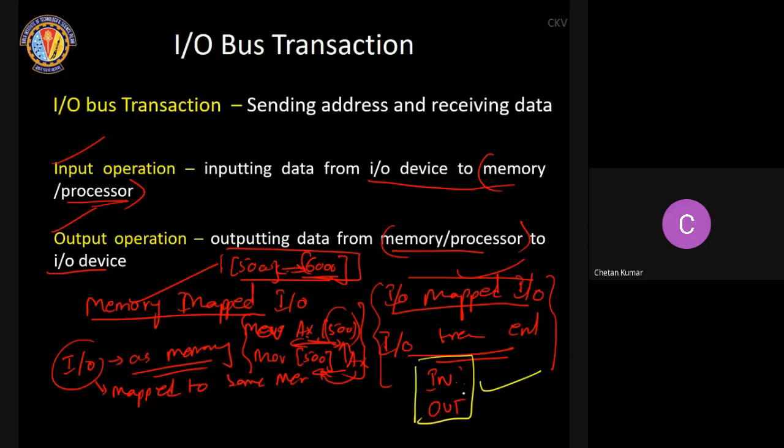If you have done at least embedded system design, this is how you communicate with the different ports of a microcontroller. So that's the difference between memory mapped IO and IO mapped IO. In memory mapped IO, your IO device is assumed to be mapped to some address. In IO mapped IO, your IO are treated as separate entities and you use separate instructions to communicate with them.